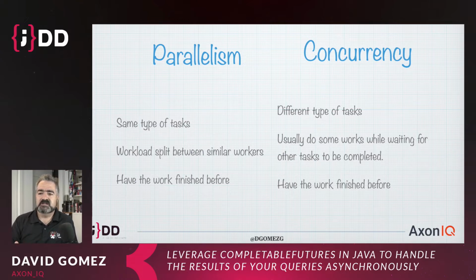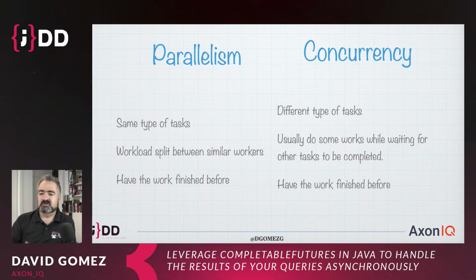This is similar to, for example, cooking a recipe in your kitchen. Probably there are some steps in which you need to wait. You will put something in the oven and you will have to wait, I don't know, 30, 40 minutes until the food is cooked. But in the meantime, instead of sitting there waiting until the oven is finished, you could start preparing some sauce or something else that you are going to add to the final dish.